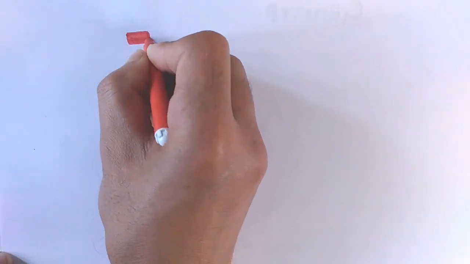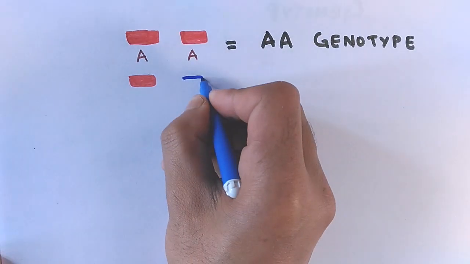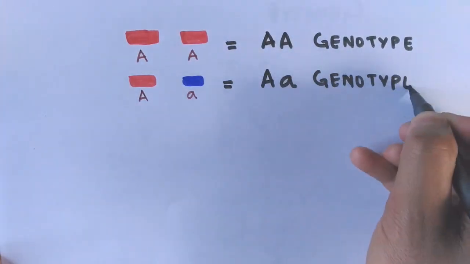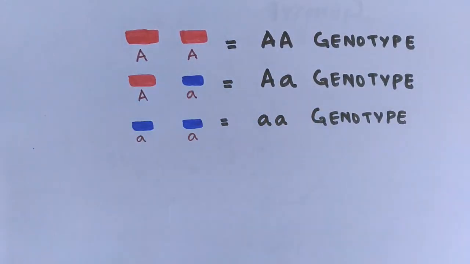We see three different conditions occur at genotype level. AA genotype, the homozygous dominant one, the second being uppercase A and lowercase a, that is the heterozygous condition, and the third one is aa in lowercase, which is the recessive condition.